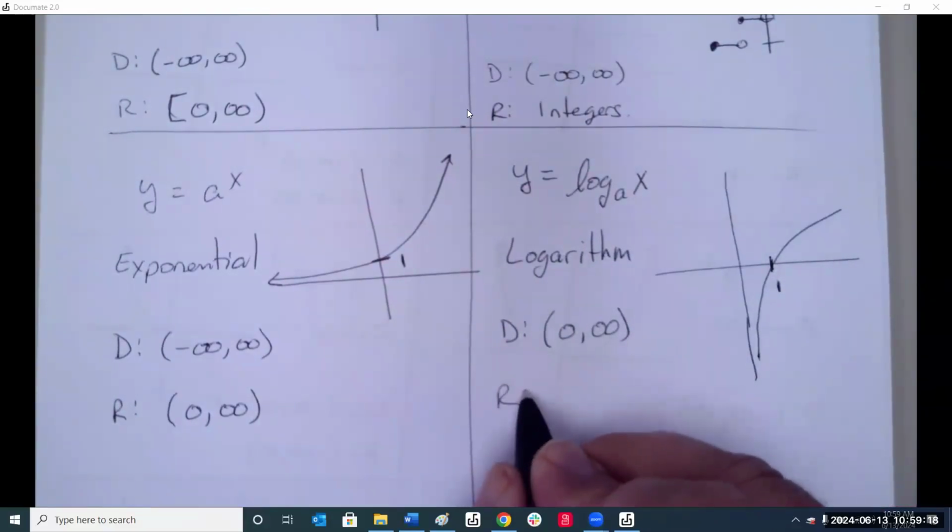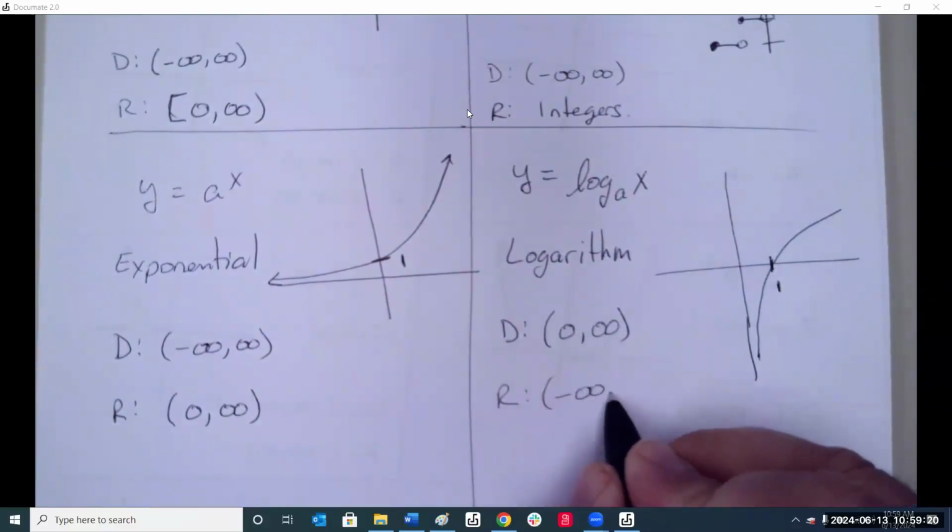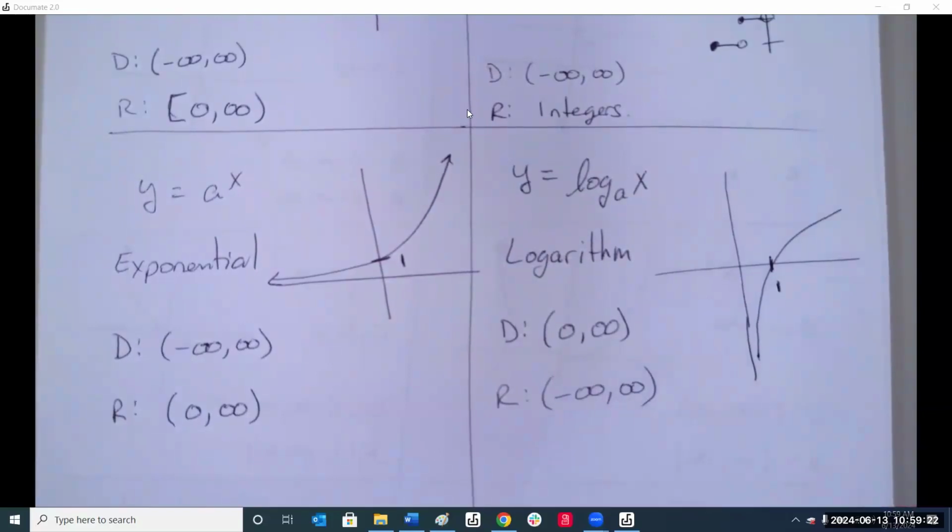And the range is from negative infinity to positive infinity. That should have been all 12 of them. There may be 2 more, but off the top of my head, I can't think of them. But these are the ones that we mostly deal with.